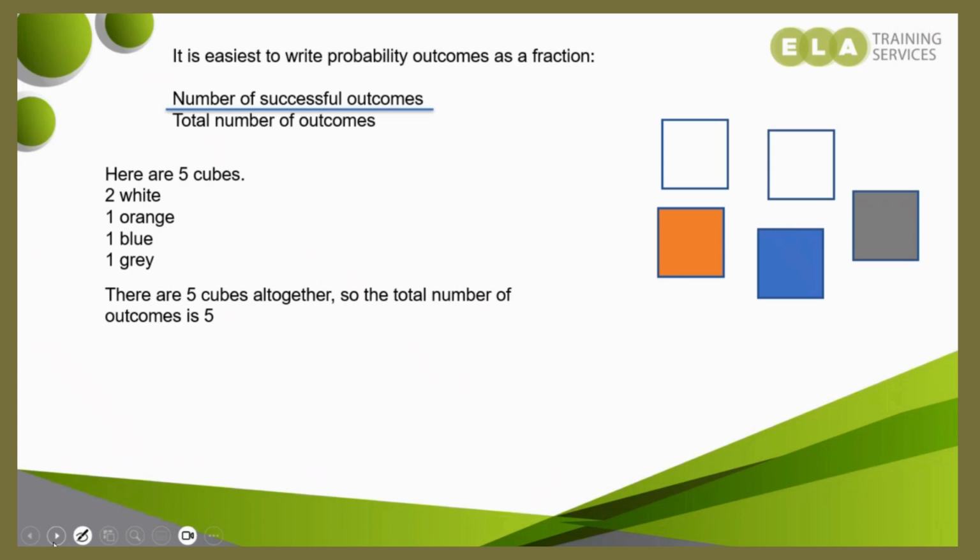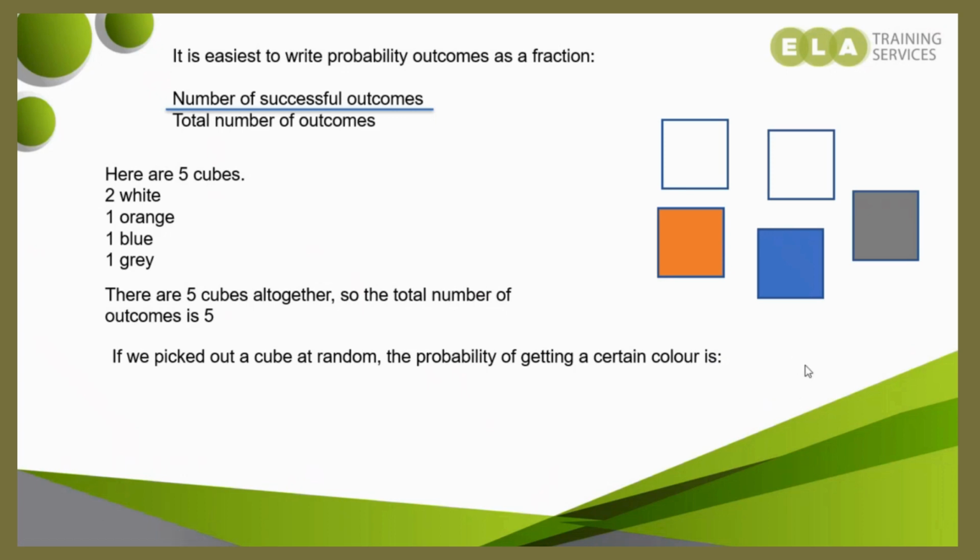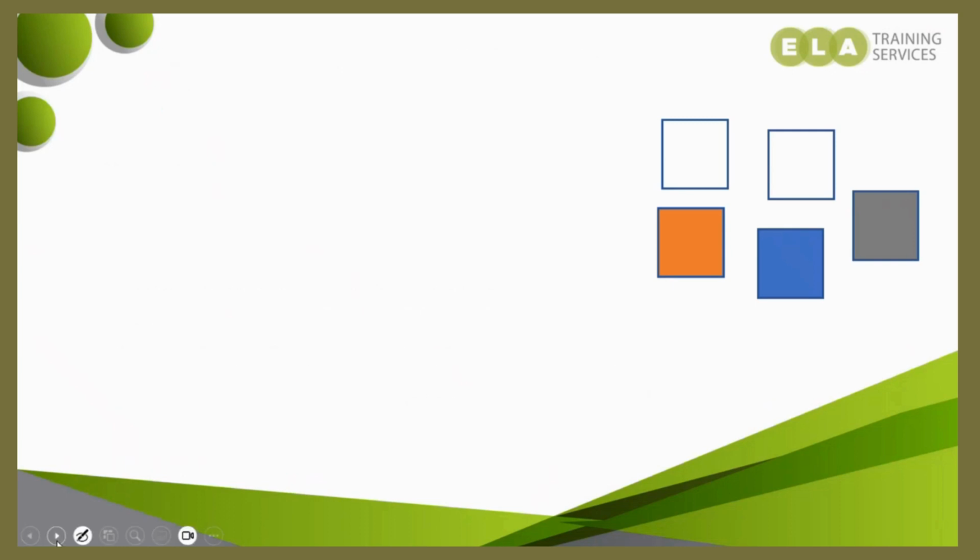So there are 5 cubes altogether, so the total number of outcomes would be 5. If we picked out a cube at random, the probability of getting white is 2 out of 5, blue is 1 out of 5, green is 0 out of 5. The reason it's 0 out of 5 is because there's no possibility that we will pick out a green cube, and orange is 1 out of 5.